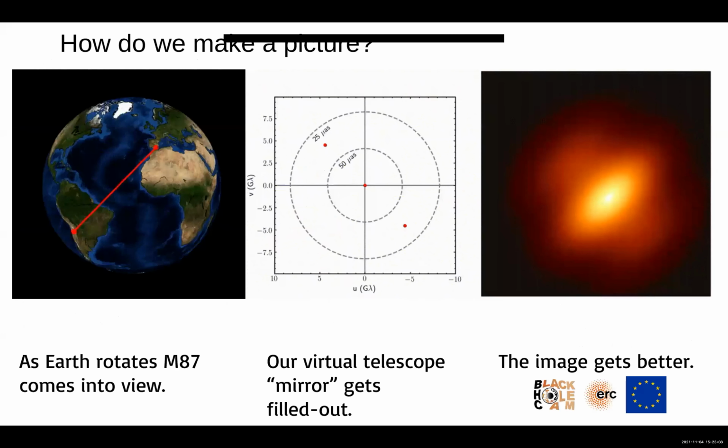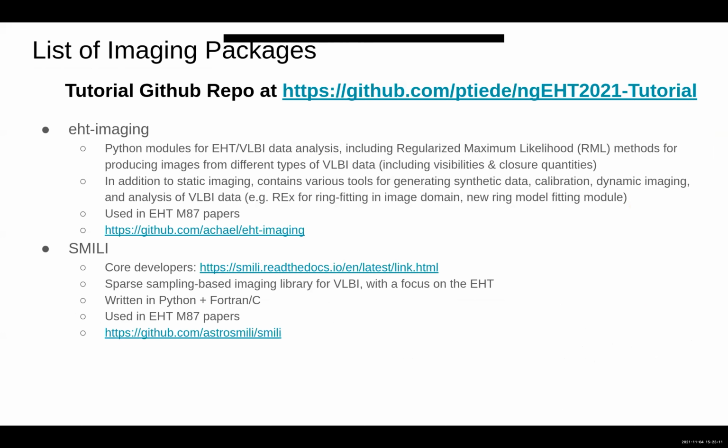Before getting there, there's a list of various packages that are now available. There's of course ngEHT imaging, which has been around now for quite a long time and is coming up next in this tutorial. It has an enormous amount of useful features that you'll hear more about in a second, and that was of course used, like Smiley, in the M87 papers that had such a large impact.